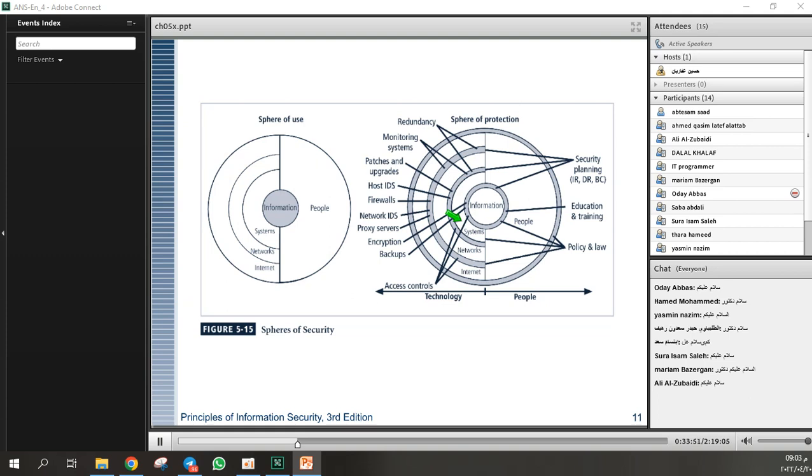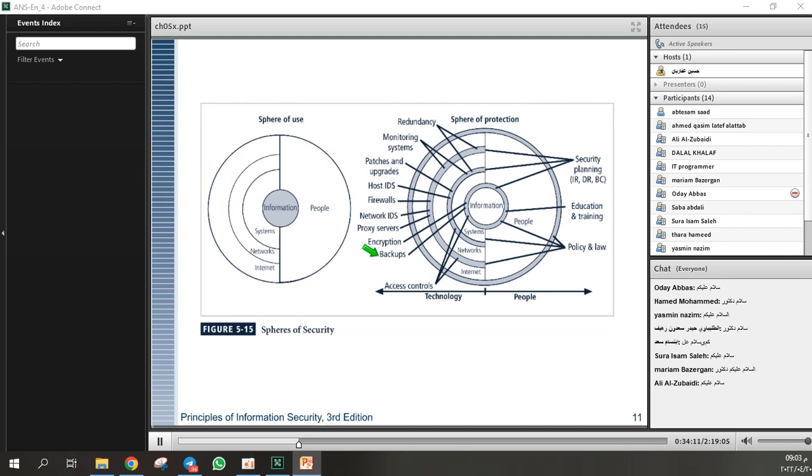Okay, you can see those technologies here. For example, we can use redundancy, monitoring systems, patching and upgrading, host IDs, firewall, network IDs, proxy servers, encryption, backup, and different items. Okay.